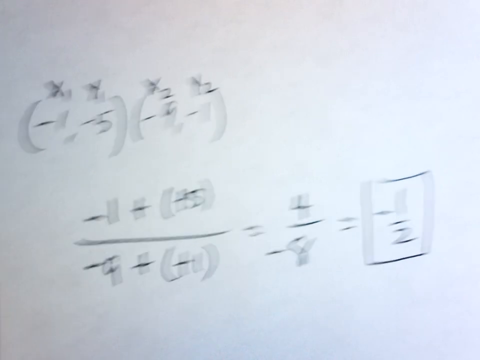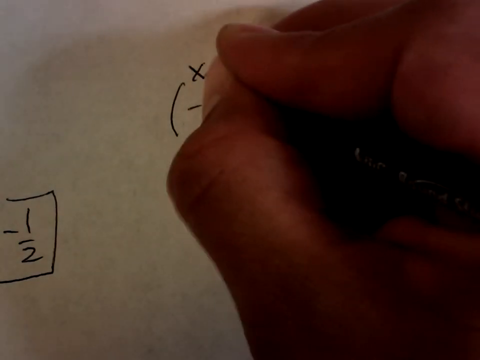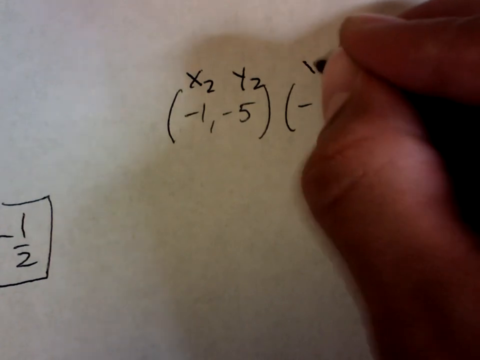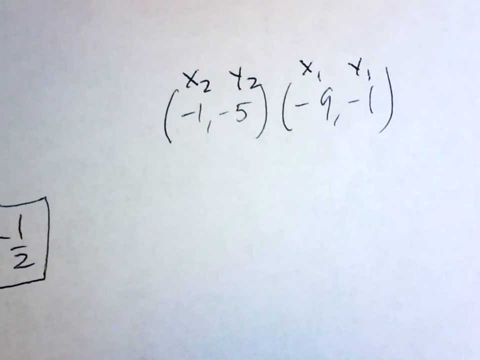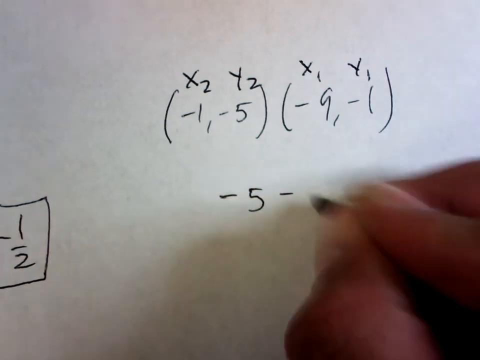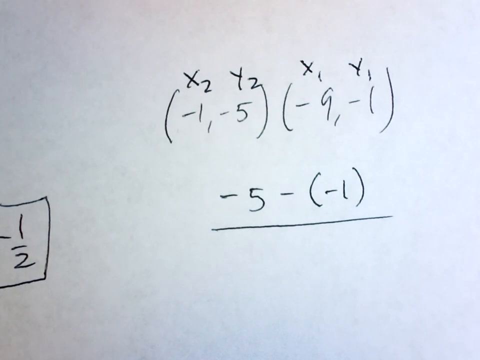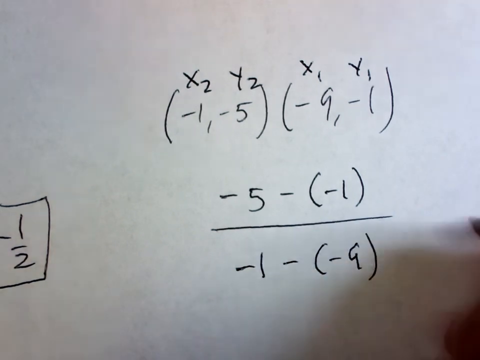So let's do this one again, flipping the points. So now I'll call this one point 2, so that makes that x2 and that y2, which makes this x1 and y1. Okay, so now let's go the other way. So now I have y2, so negative 5 minus negative 1, y2 minus y1, and now x2 minus x1, which gives me negative 1 minus negative 9.